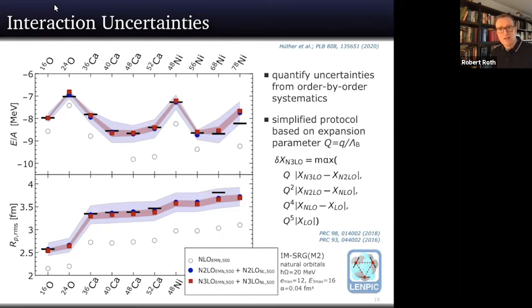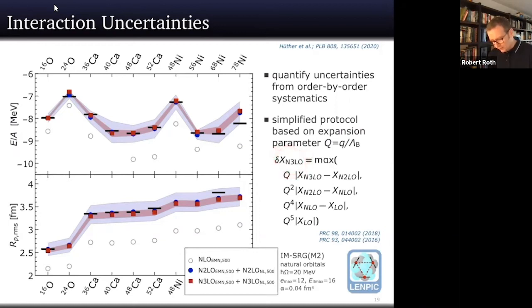And in order to make an estimate of all the missing higher-order terms in your expansion, in your power series, you just look at the changes between subsequent orders that you've actually calculated. And you can weigh these changes by powers of the small parameter, that's this Q, and you just use this pattern of convergence to estimate the residual uncertainty at some given order.